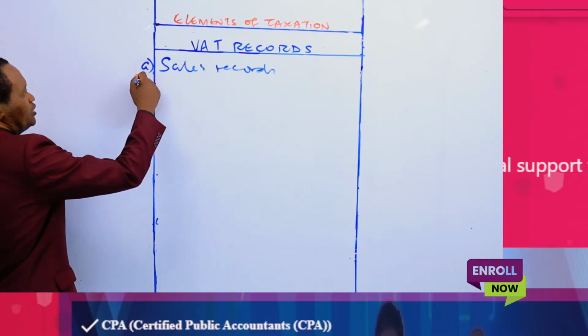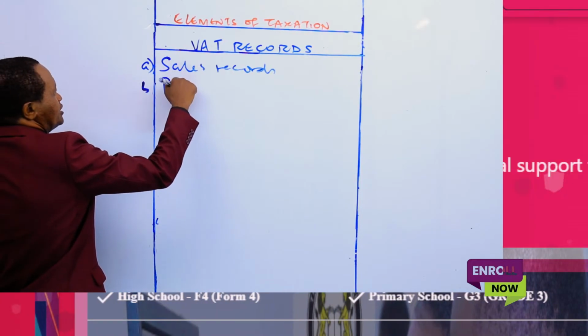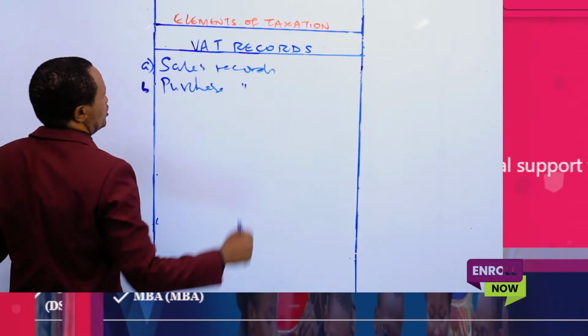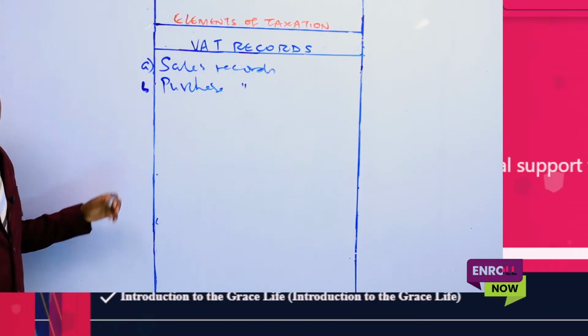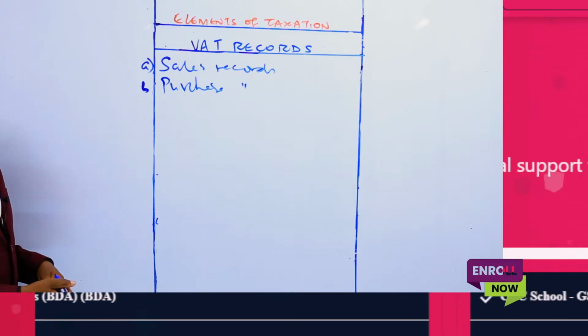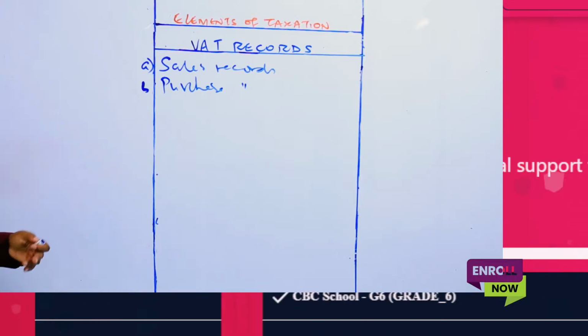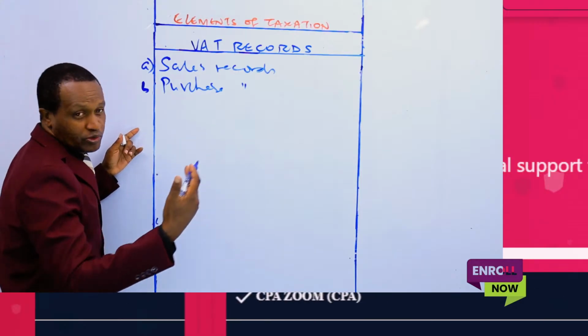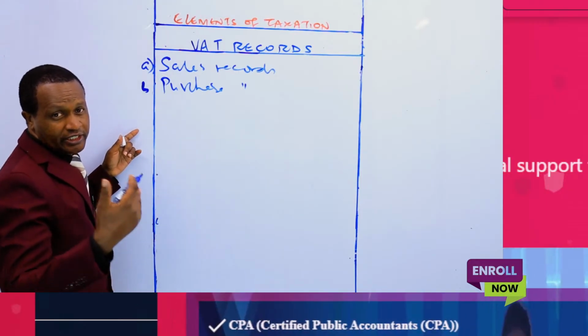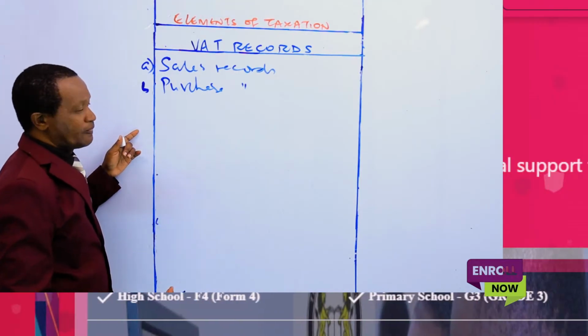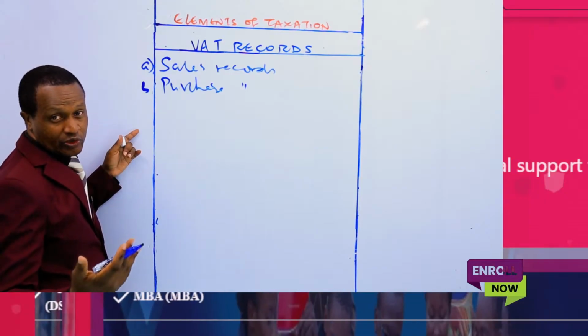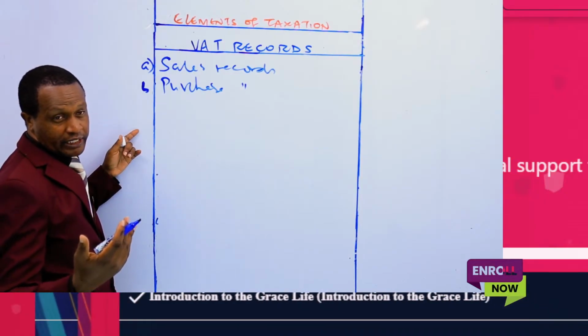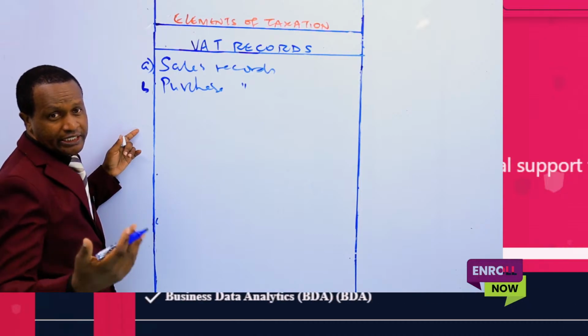Then we have two, purchase records. These are original e-TIMS generated tax invoices received for all taxable purchases, which are essential for claiming input tax. Purchase receipts are also to be kept, and order details.